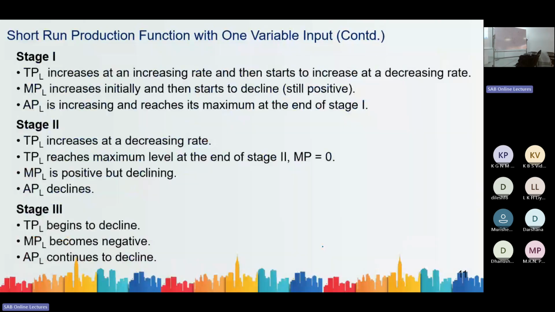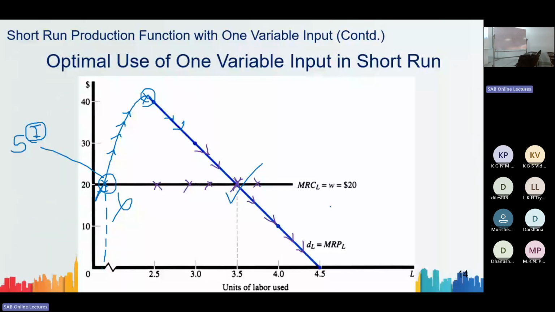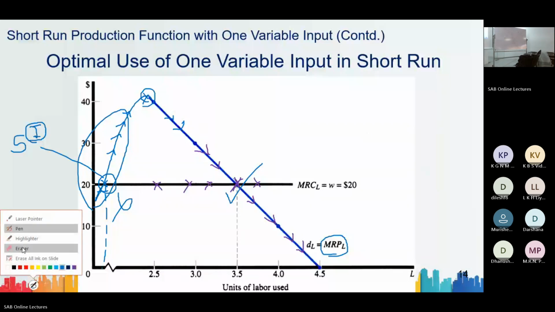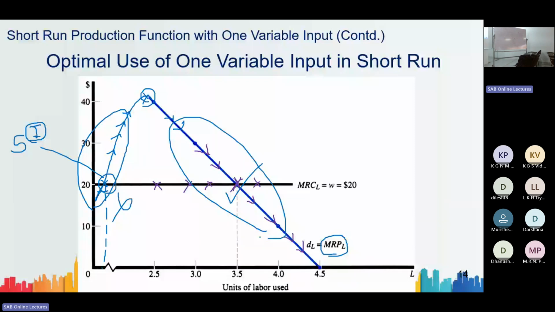Therefore, in this figure also, we identify that when marginal revenue product of labor is increasing, this portion belongs to stage 1, and this portion belongs to stage 2.